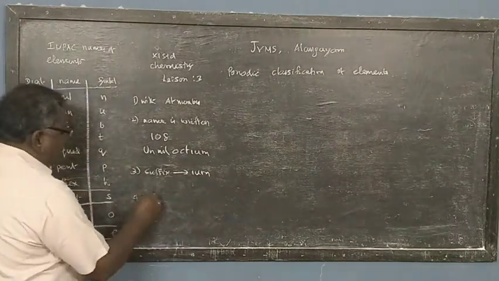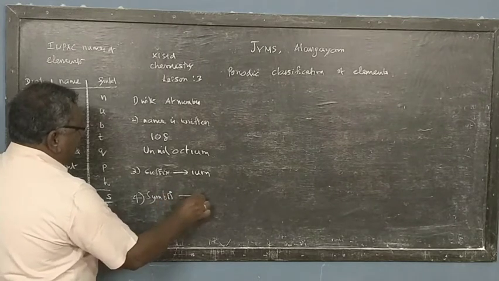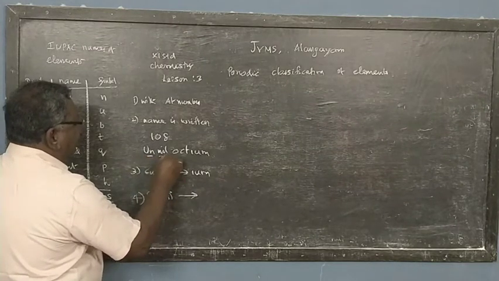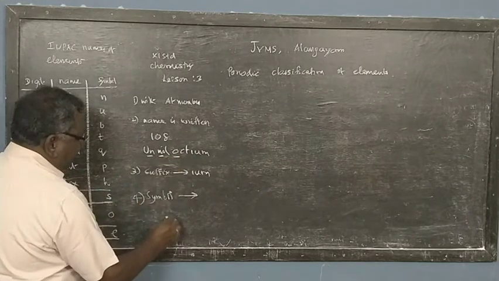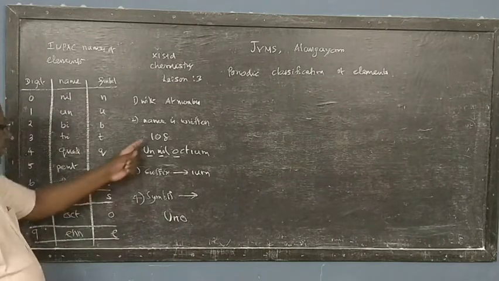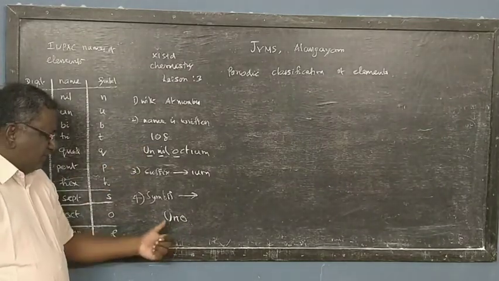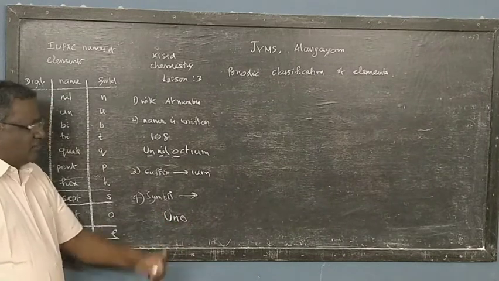And the symbol is written by collecting the first letters. The first letters of each number word are written as the symbol. So for element 108, the symbol is Uno, because it is un, nil, octium.